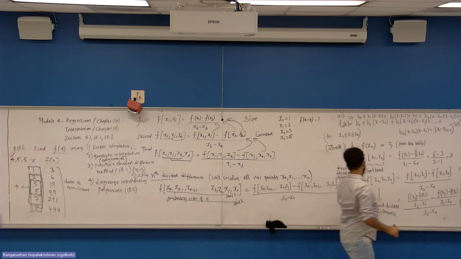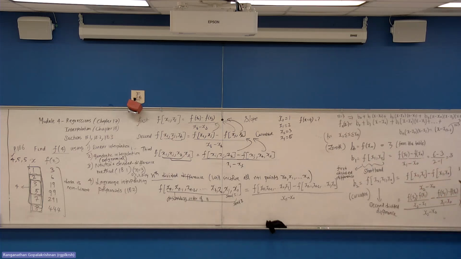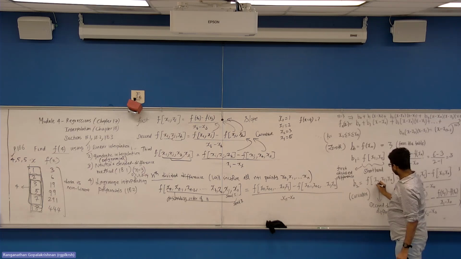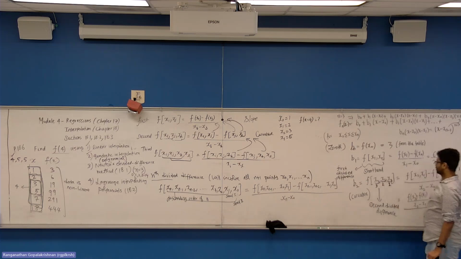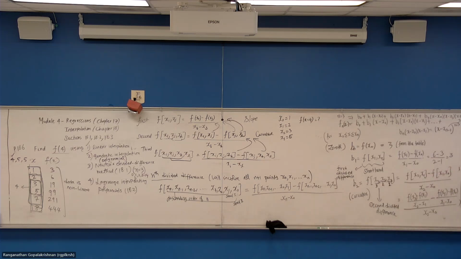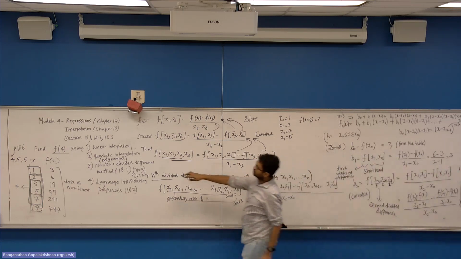And then b2 involves the first 3 points, 1, 2, and 3. X2 is 3, x1 is 2, x0 is 1. You can look at this and say, I recognize this. This is nothing but the slope between 1 and 2.